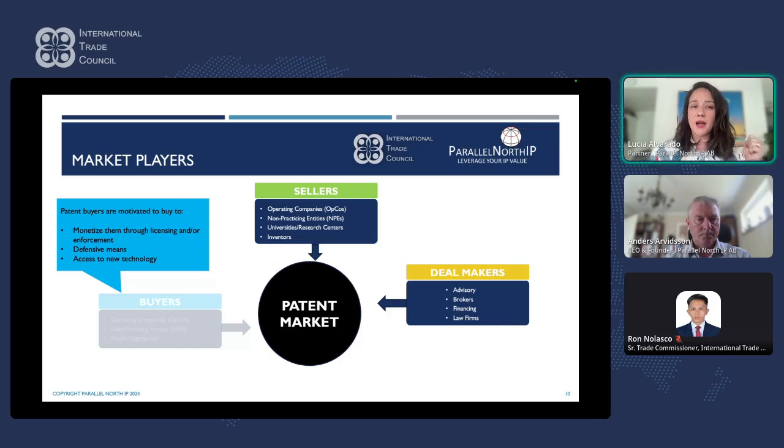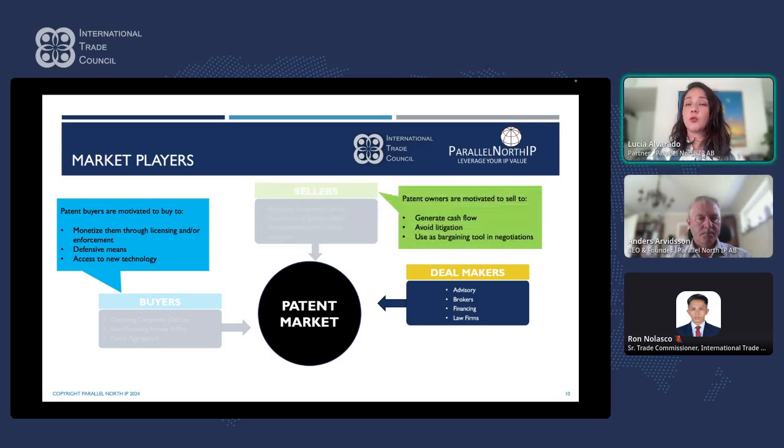So buyers are motivated to buy because they want to use the assets to monetize them, to get value out of them through licensing or enforcement, or also, again, for defensive means, or also in some cases to access a new technology. I would say that the top two, in our experience, are the strongest. The sellers.